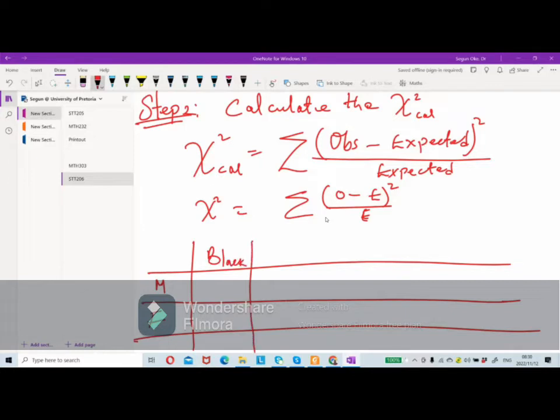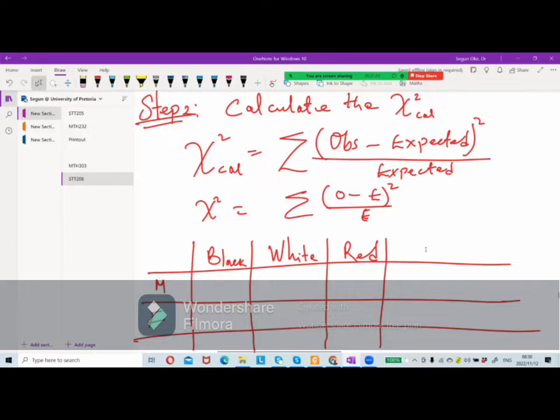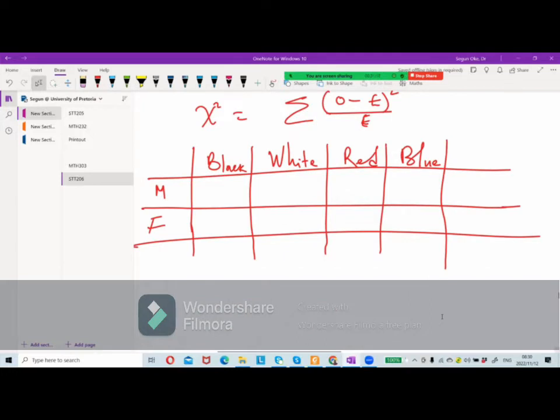We have black, white, red, and blue. So we have total here.